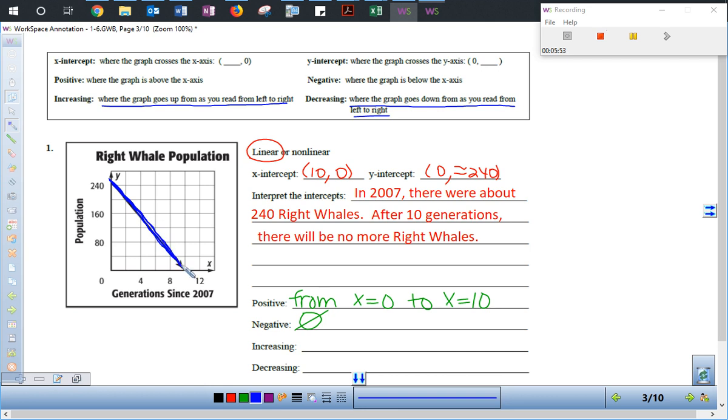There is no place where my graph is increasing. So to show that it's not increasing, we can put the 0 with the line through it. But it decreases starting here, so from x equals 0 to ending here, x equals 10.